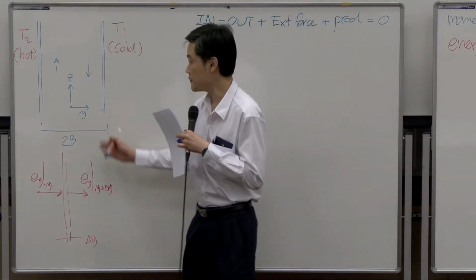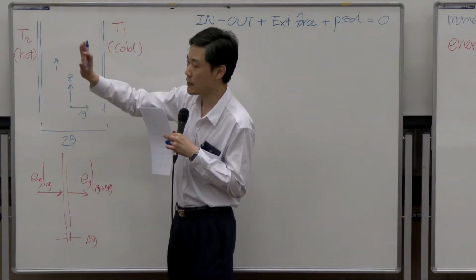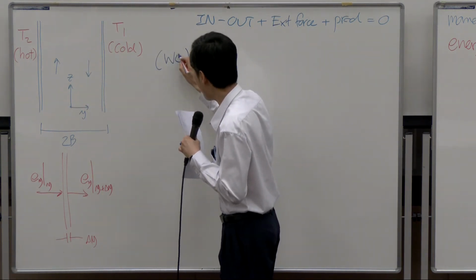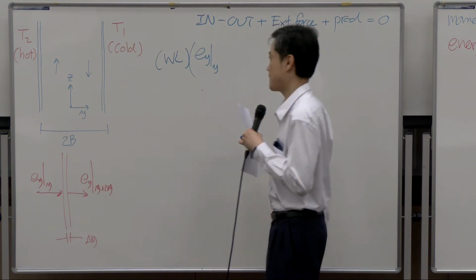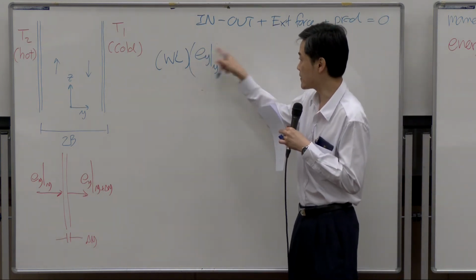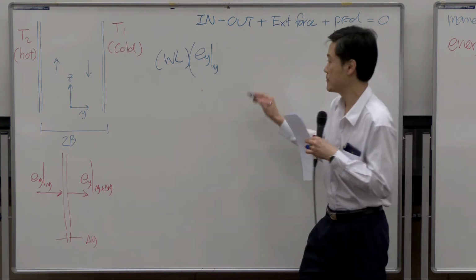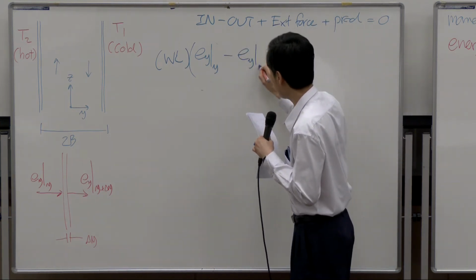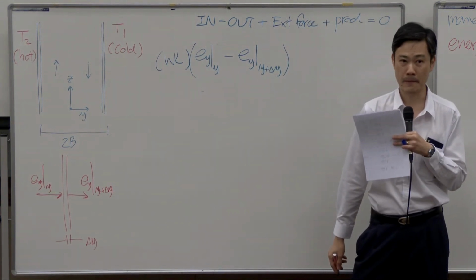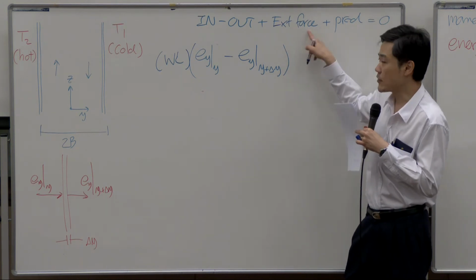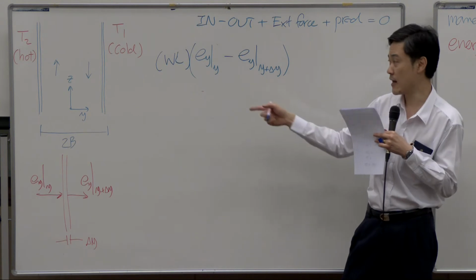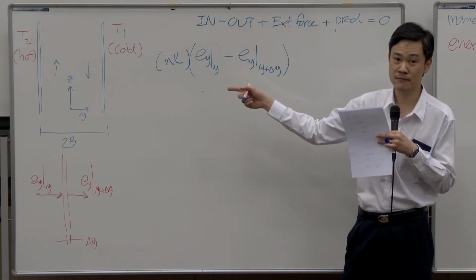So if I said the wall has the width of W and the length of L, the area would be WL. And again, the area for input flux and output flux would be the same. So output flux would be like this. For external force, this is external work by gravity. And do we have one?